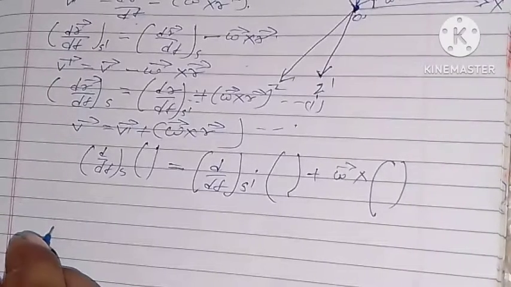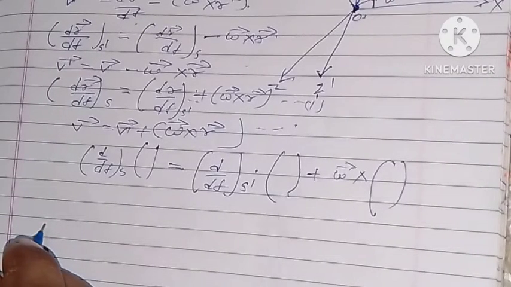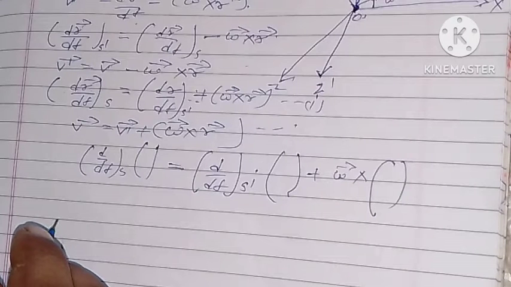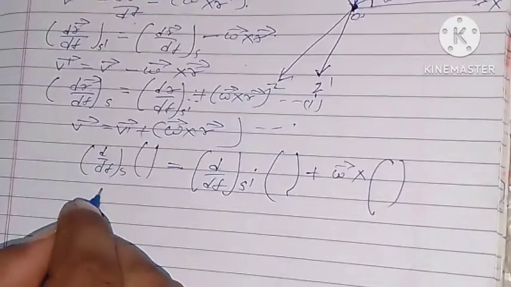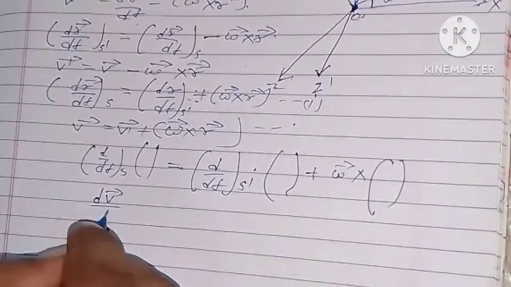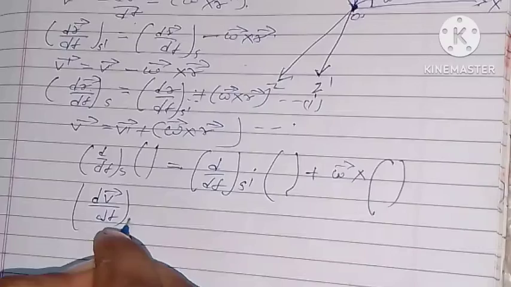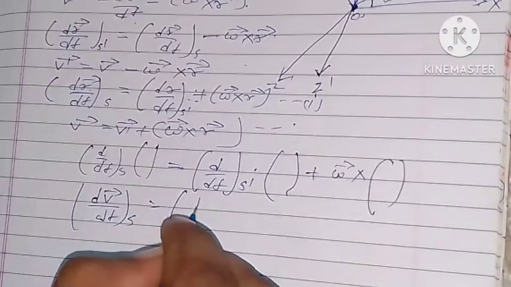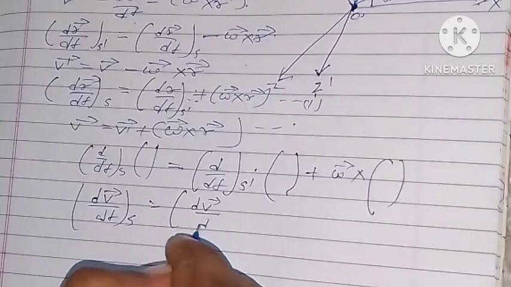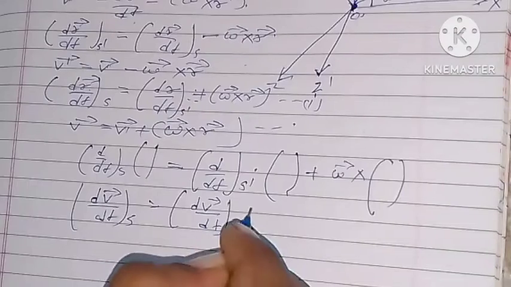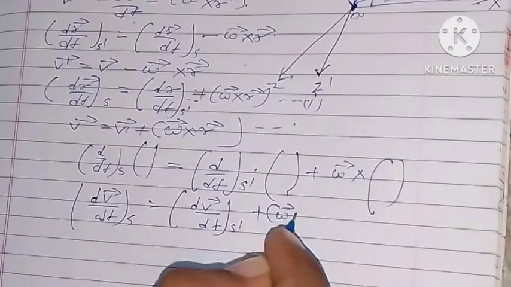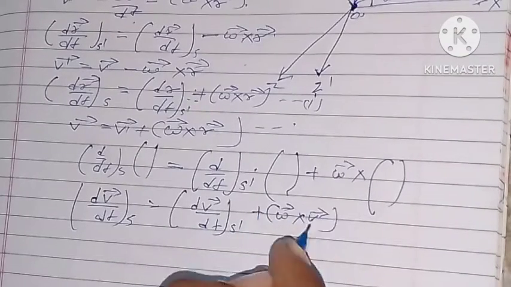Applying this to the velocity vector v in order to derive the relationship between the acceleration of the particle in the two frames of reference: d vector v upon dt is equal to d vector v upon dt in S dash plus omega vector cross vector v.